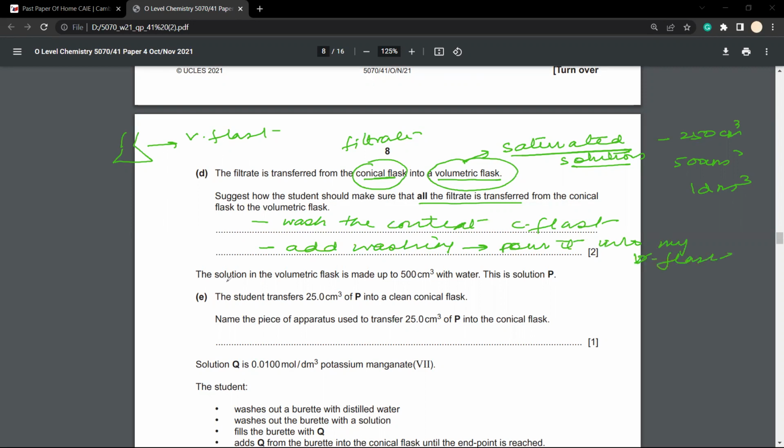Then comes the solution in the volumetric flask is made to 500 cm cube. So in the volumetric flask, whatever the filtrate you have added, the volumetric flask has a particular line or a mark.